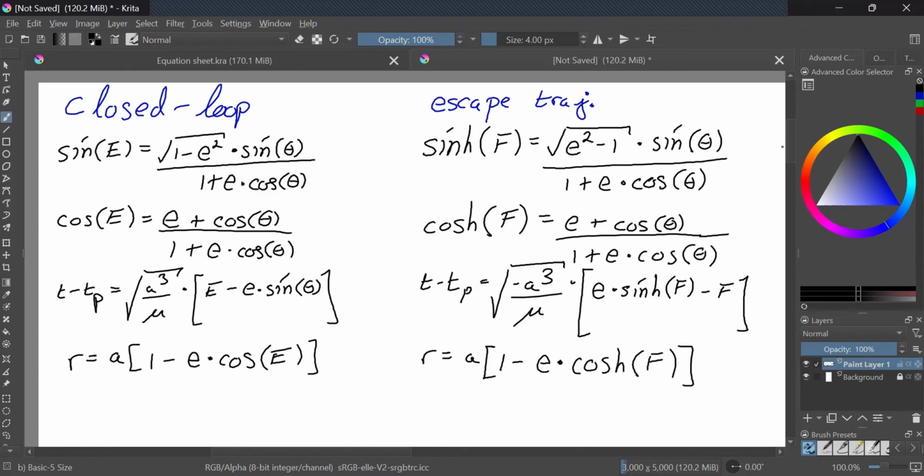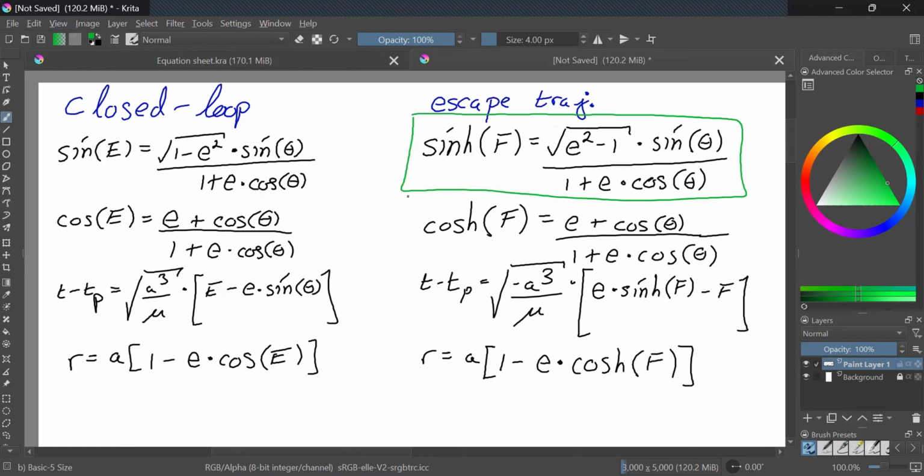So I've used these equations. Actually, before I go too far, let me go ahead and box these in, just so I don't forget. These will be on the equation sheet that will be made available to you.